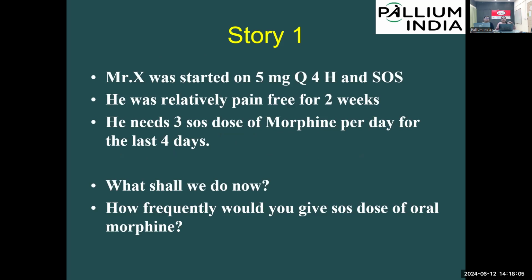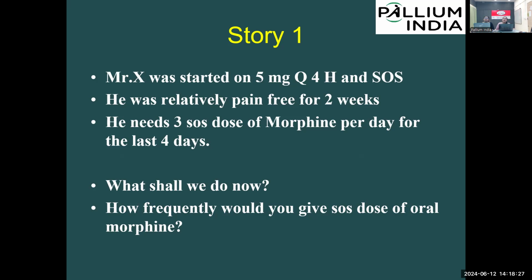So we're continuing with the patient story. Mr. X, who has come to us with severe pain, was done IV morphine titration. And as per the IV morphine titration, the patient was started on oral morphine 5 milligram 4 hourly and also an SOS dose. And he was sent home. The reports we got were that he was relatively pain-free.